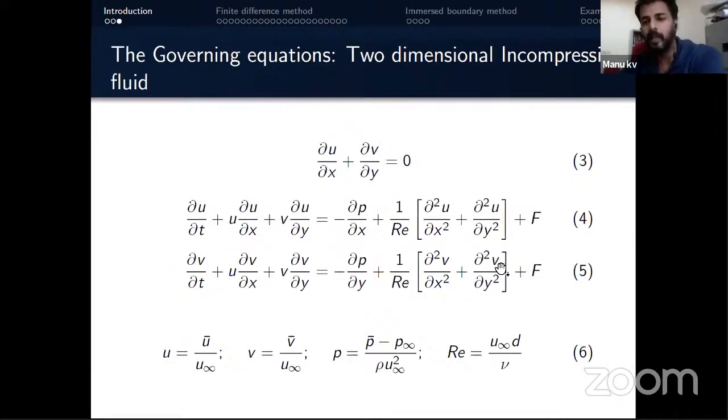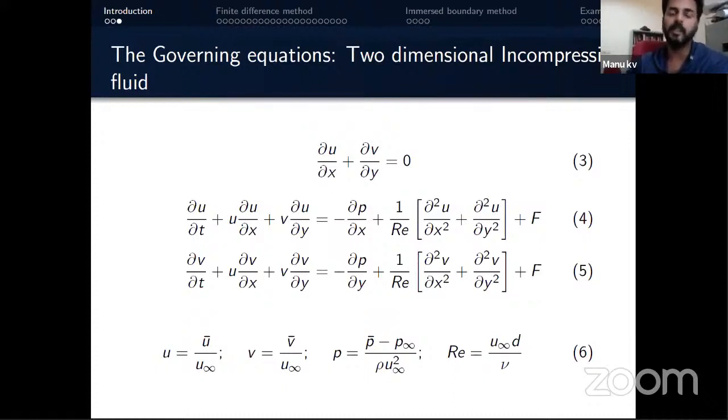Now let's look at the two-dimensional case, which is a little easier to understand. Once we have developed a code for two-dimensional flows, most of the development part is over. The rest is more about expanding and parallelizing the code. So I'll focus on the two-dimensional part, though we can apply this to three-dimensional flows as well.